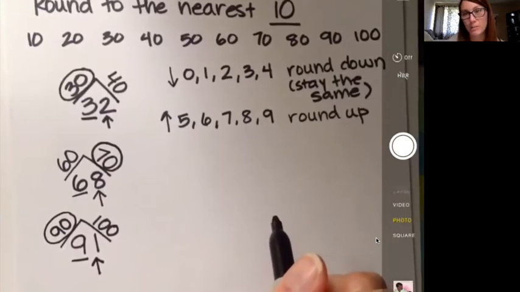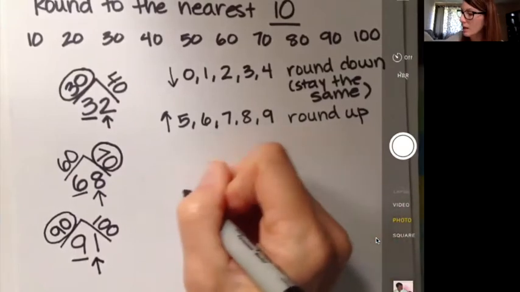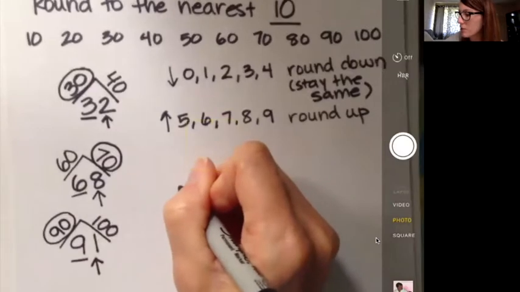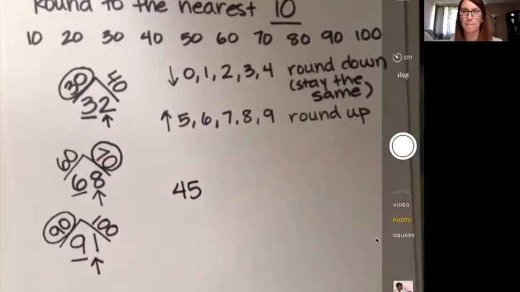I want you to take your piece of paper and write the number. Let's do the number 45. Okay, so write down 45. Now, what's our first step? What do we do first? Good.